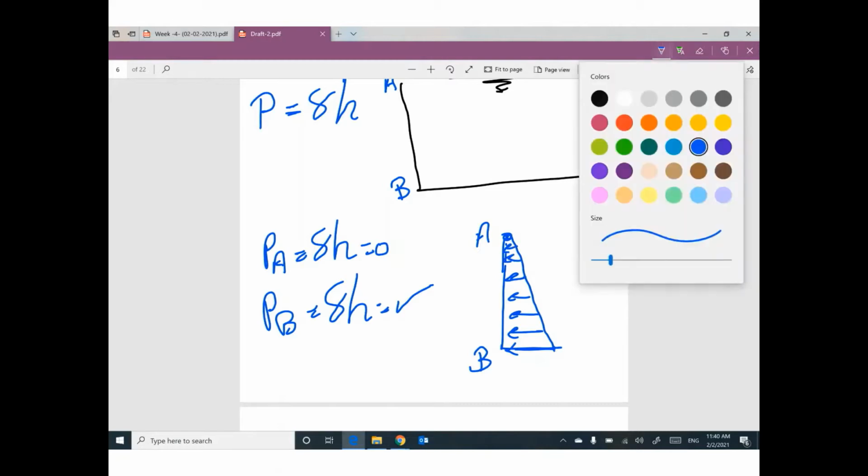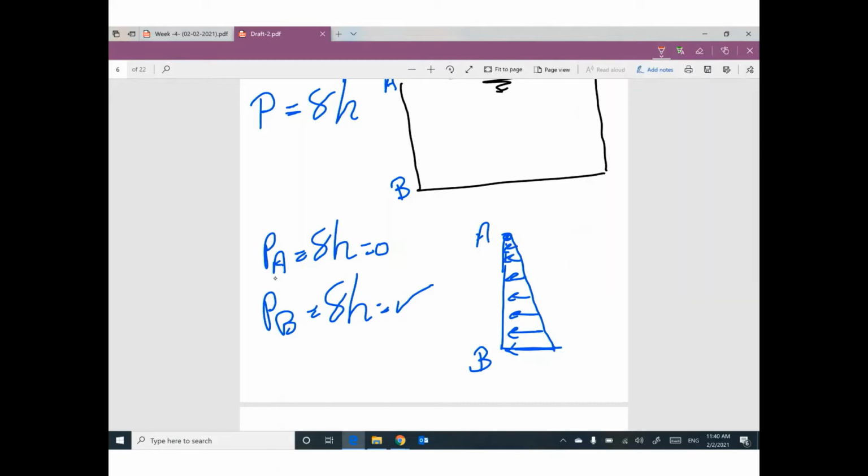This pressure can be converted to an equivalent static force F. This static force acts at a distance h divided by 3. This static force equals 1/2 times this value times this height. So I can figure out the hydrostatic force. I don't like to see only calculations.